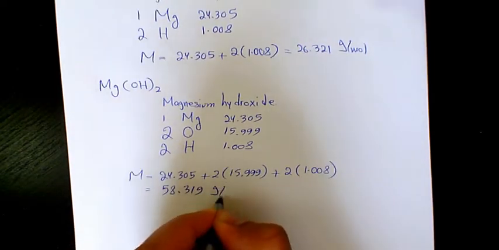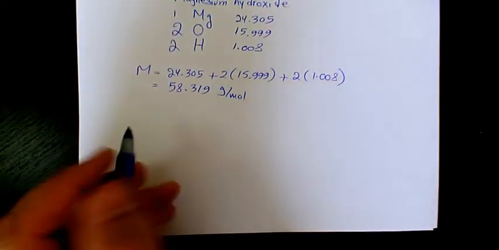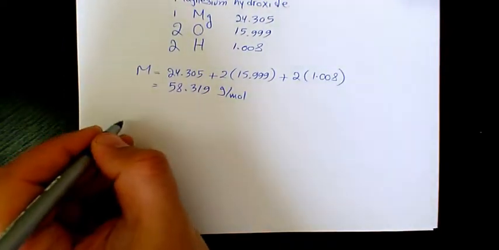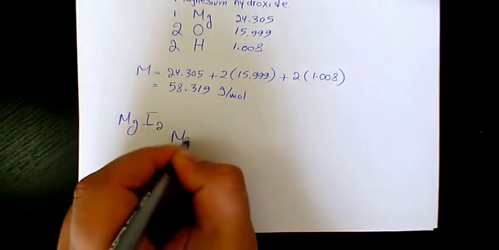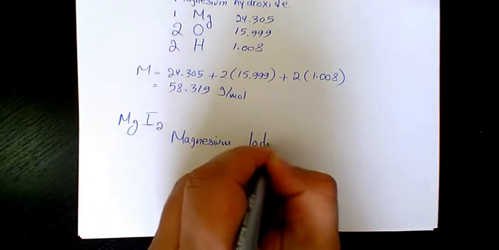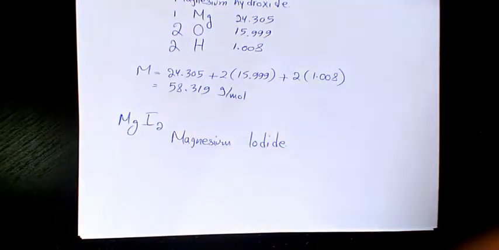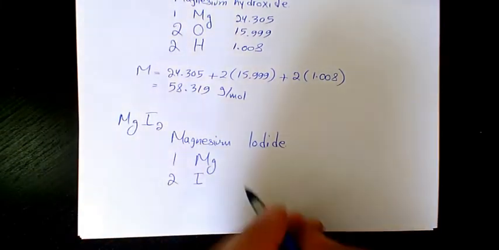58.319 grams per mole. Next one is MgI2, magnesium iodide. We have 1 atom of magnesium and 2 atoms of iodine.